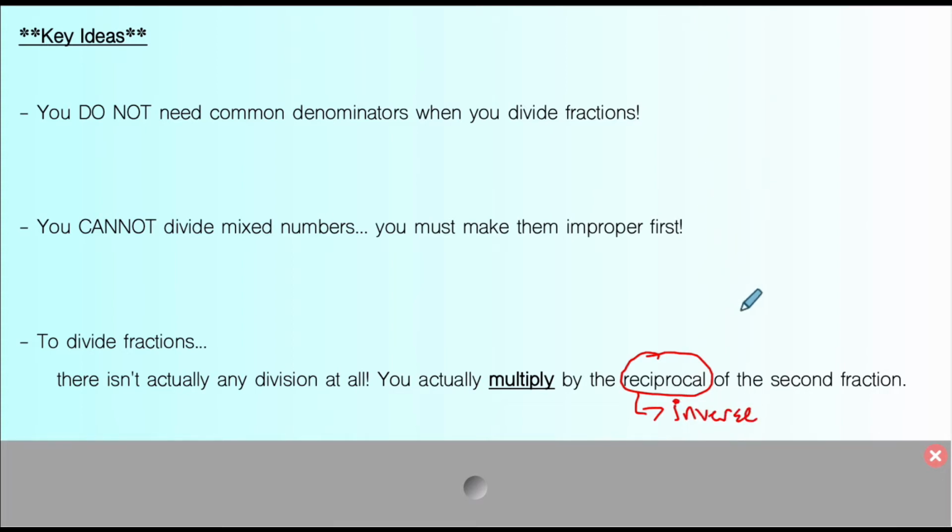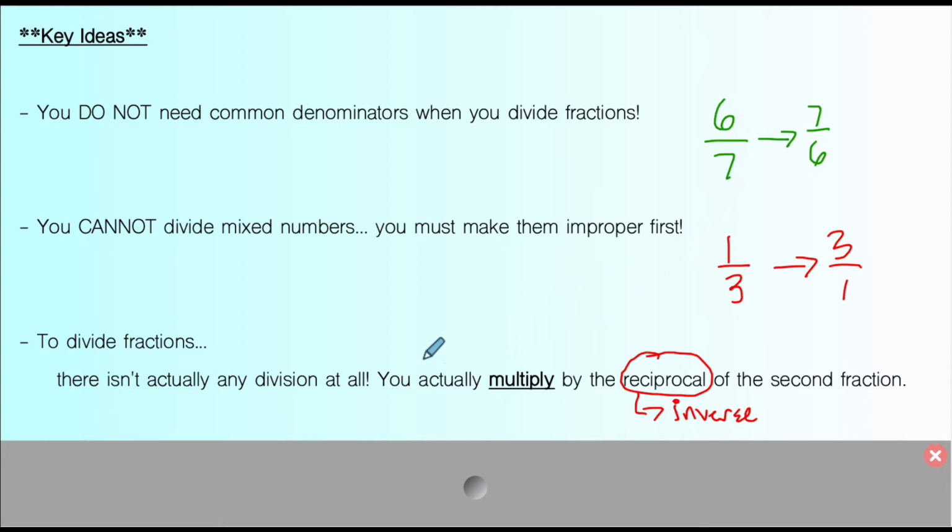So for example, if I had 1/3, the reciprocal of 1/3, you flip it, is 3/1. If I had 6/7, the reciprocal is 7/6, and so on and so forth.